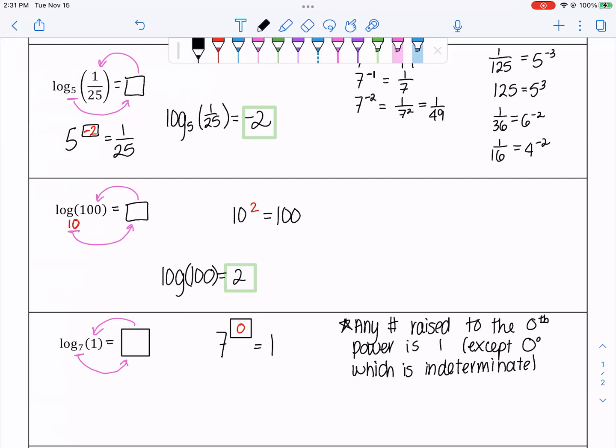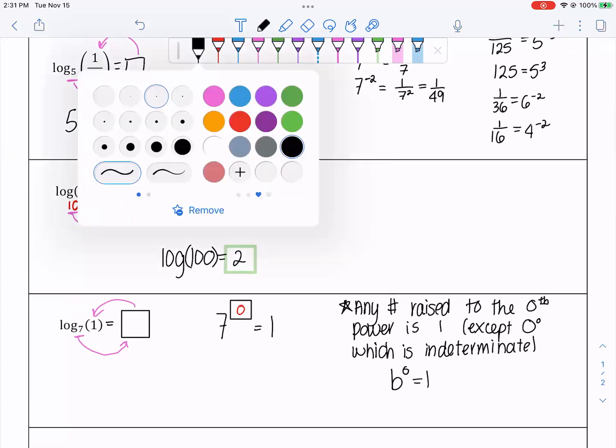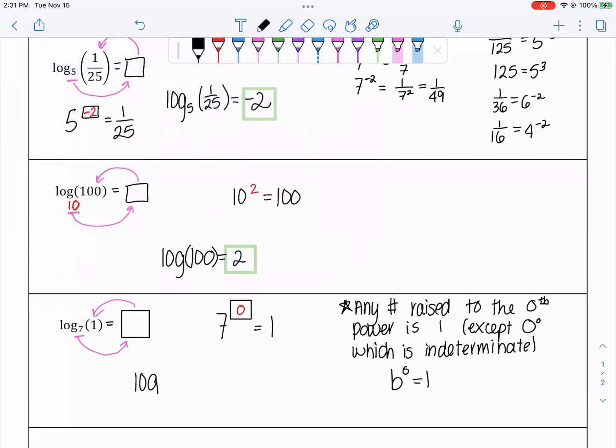So if you have a number raised to the 0th power, it is 1. So log base 7 of 1 is equal to 0. The power that you need to raise 7 to in order to make it into 1 is 0.